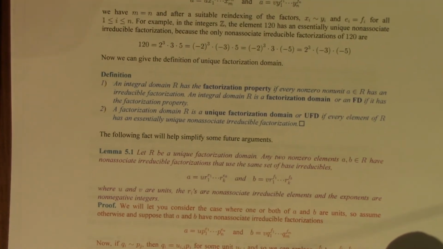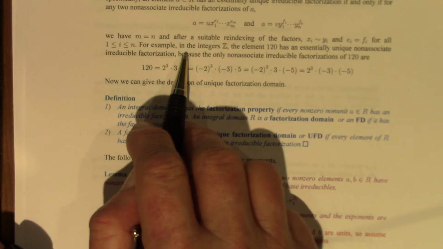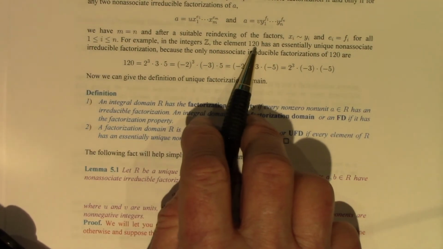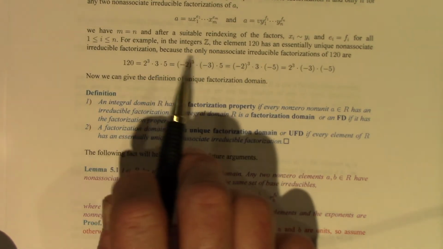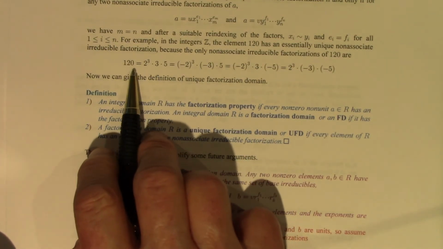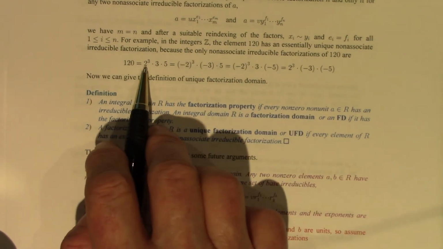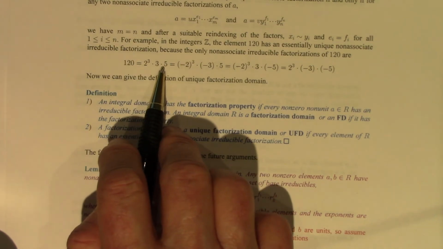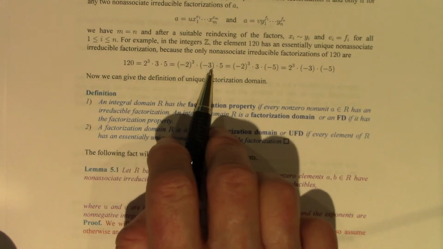Okay. As an example, in the integers, the integer 120 has an essentially unique non-associate irreducible factorization because these are the only non-associate irreducible factorizations. We basically take this one where all the factors are positive, 2 cubed times 3 times 5, and we sprinkle units.